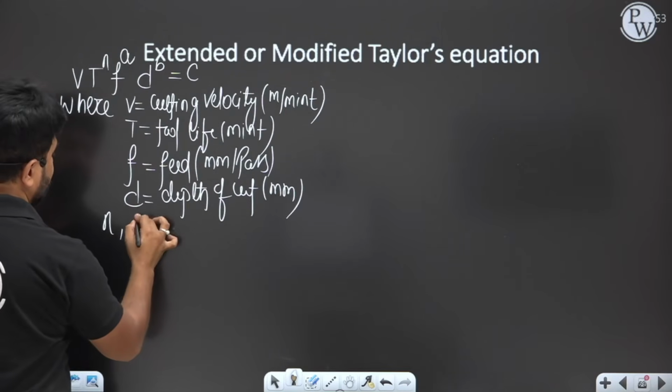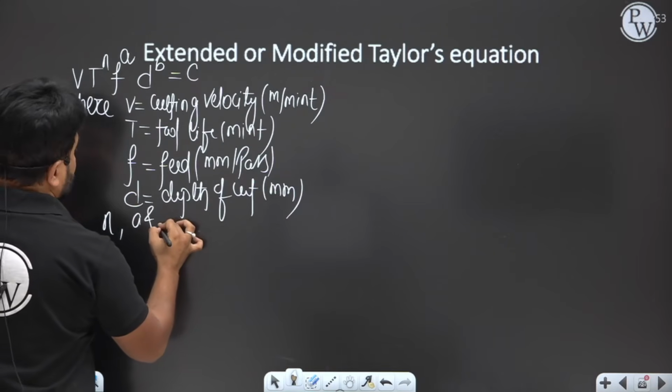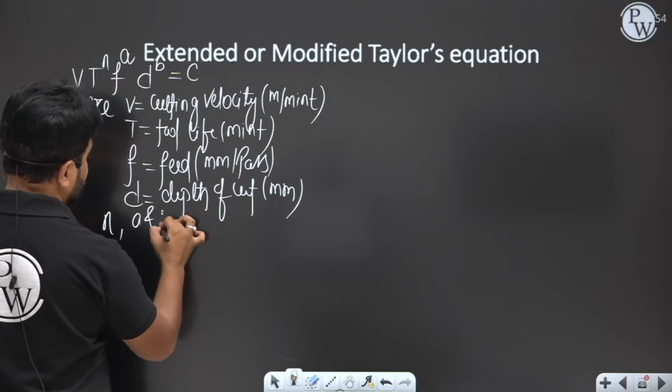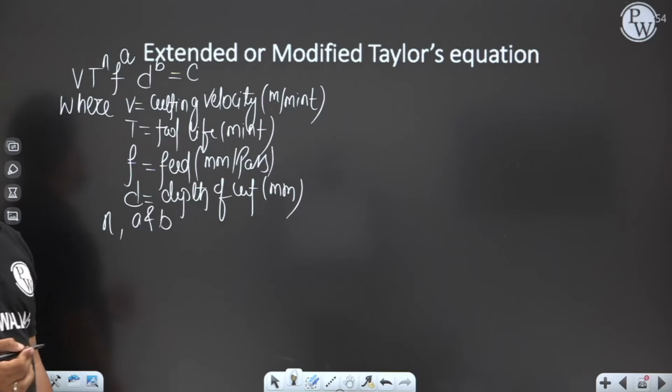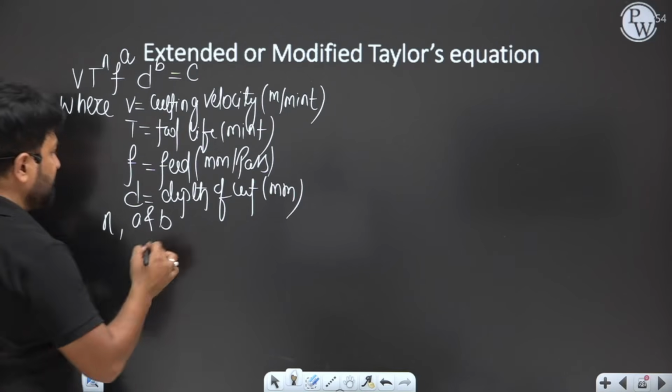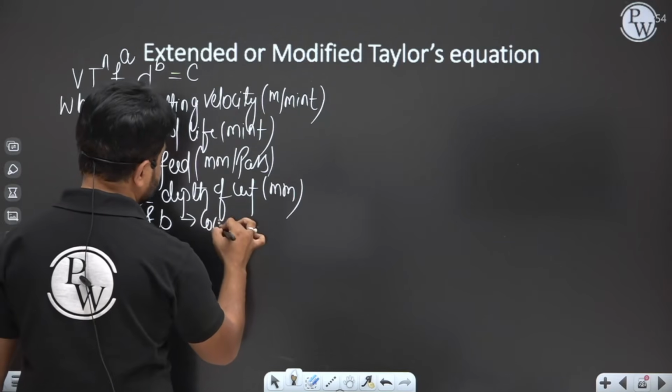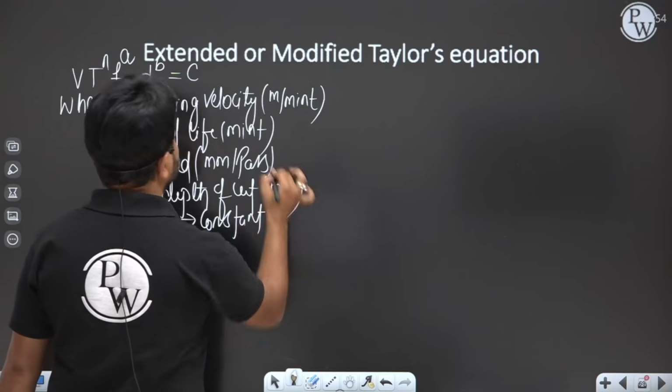Here n, a, b are the constants, and C is the constant.